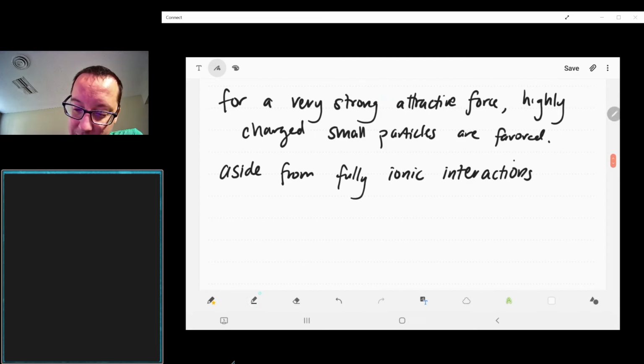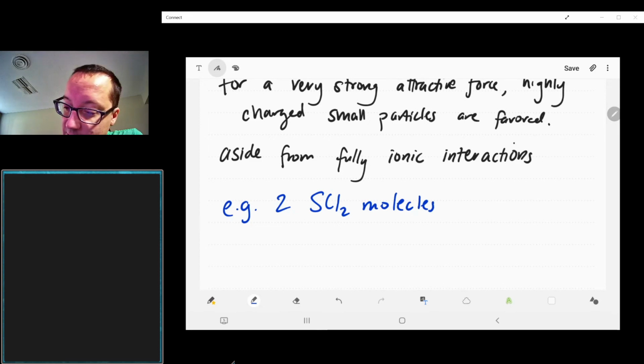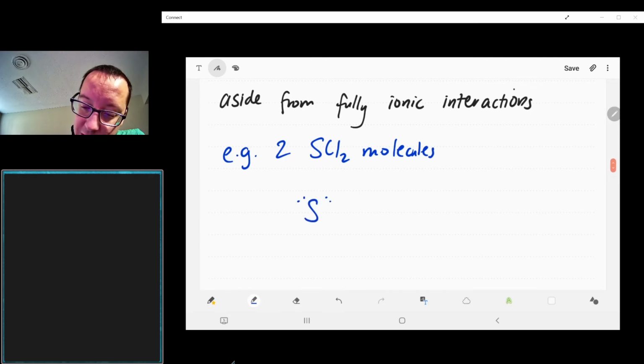So for example, let's take a look at some of the molecules that we did yesterday. We did SCl2 yesterday. We saw that its Lewis structure was the following.